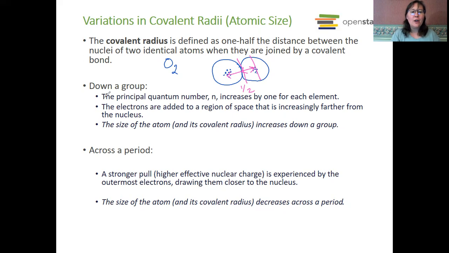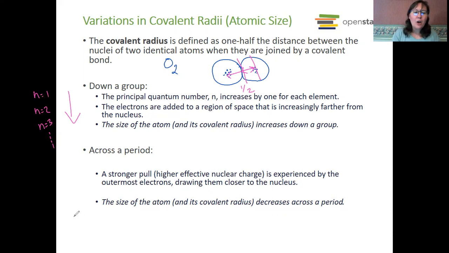All right, now as we go down the periodic table, the principal quantum number increases. So we know that as we go down a periodic table, we have n is equal to 1, n is equal to 2, n is equal to 3, and so on and so forth. The electrons that are added to each one get farther and farther away. So it totally makes sense that as we're adding these, our atomic radius, or the size of our atom, increases as we go down the periodic table.